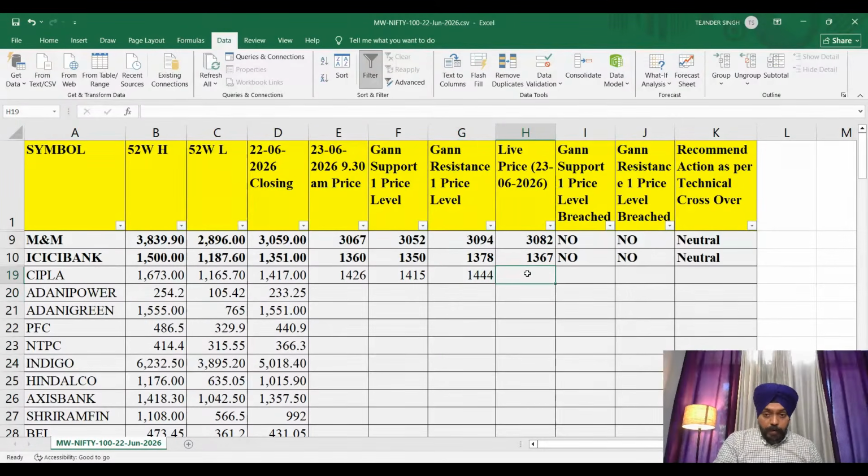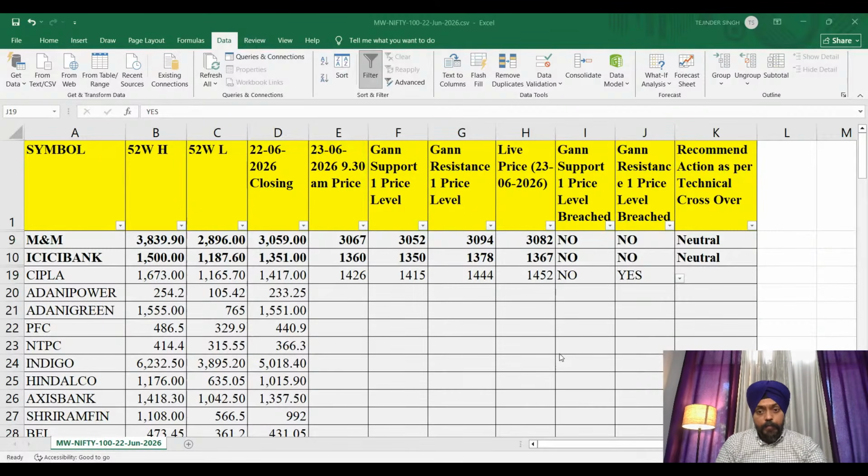The live price is 1452. Was Gann support 1 price level breached? Obviously the answer is no. But resistance level price is breached, yes. Now the next level to watch out for Cipla is 1453.